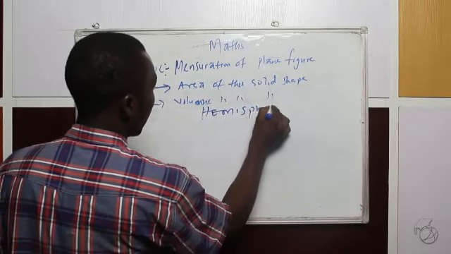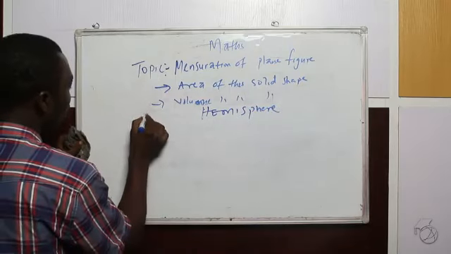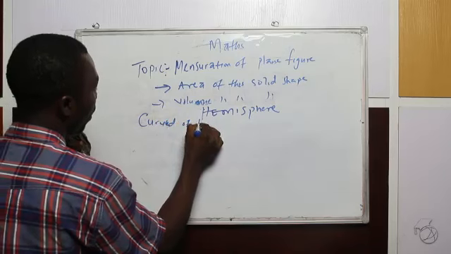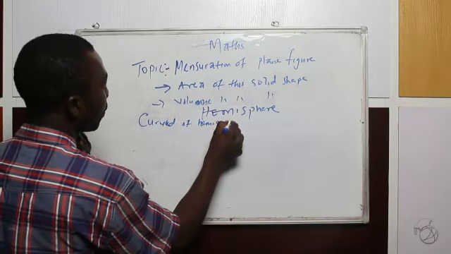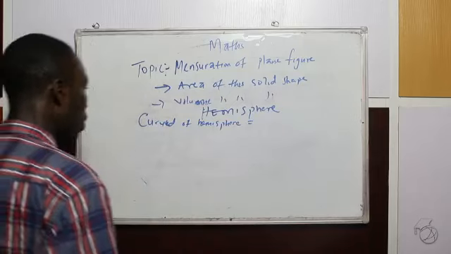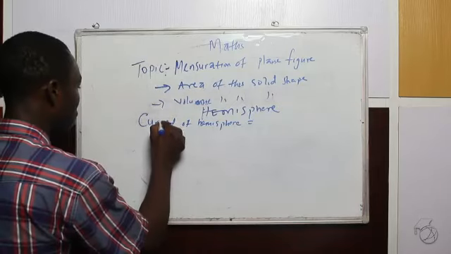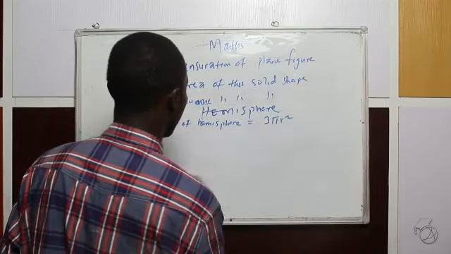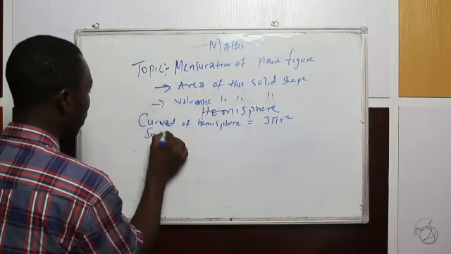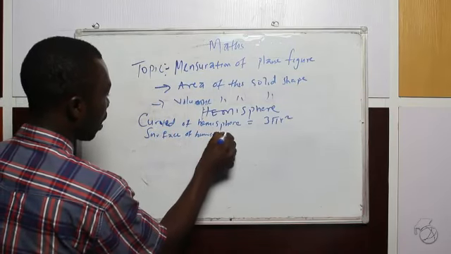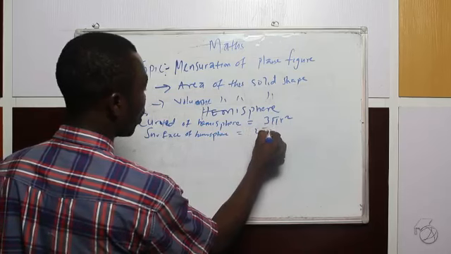Hemisphere. The curved surface area of a hemisphere is equal to 3 pi r squared. The surface area of a hemisphere is equal to 2 pi r squared.